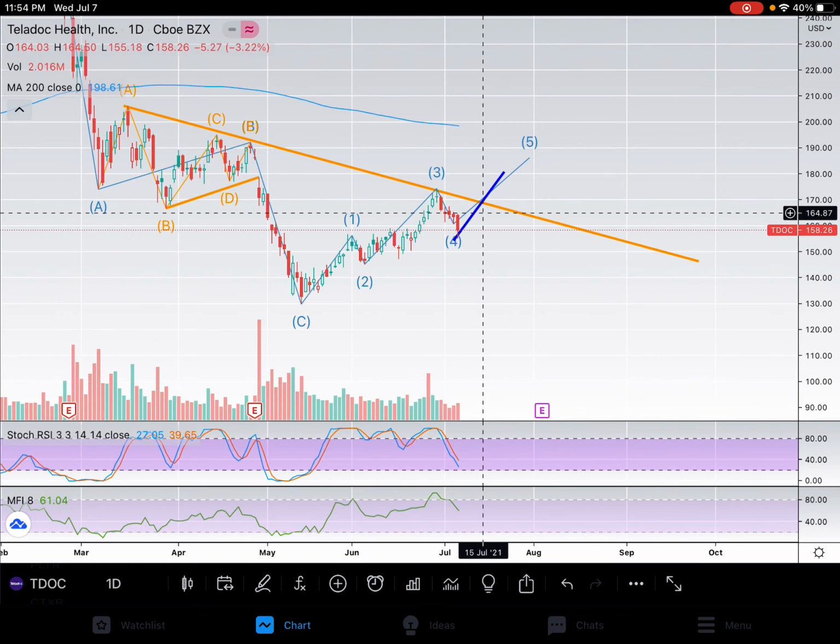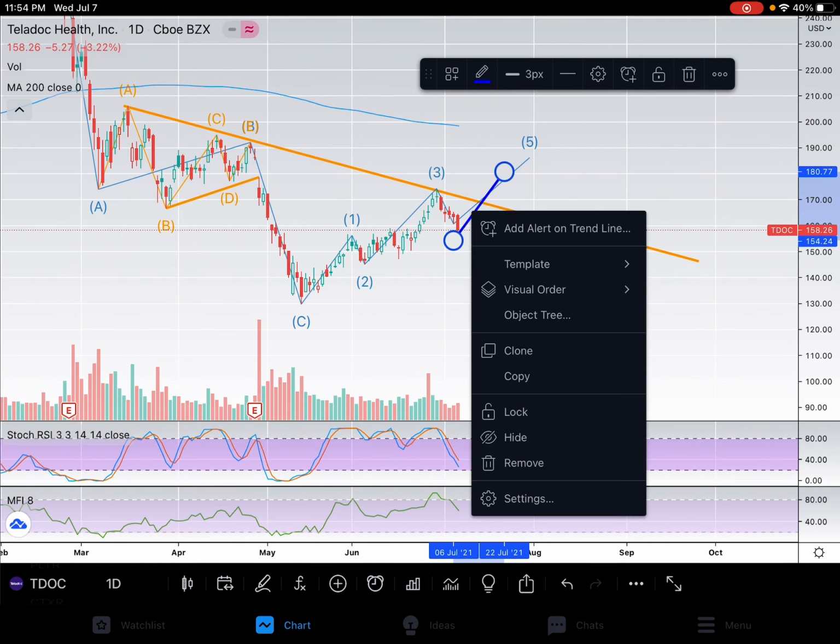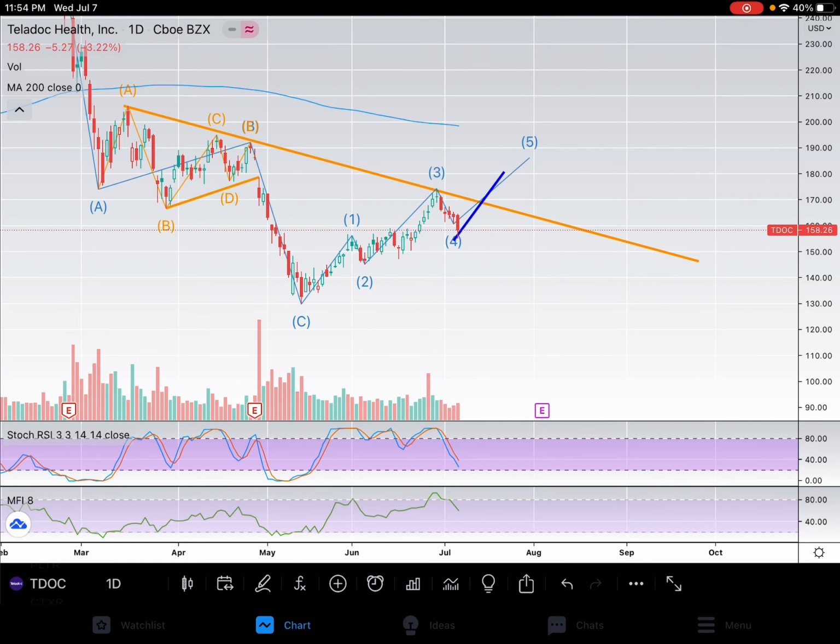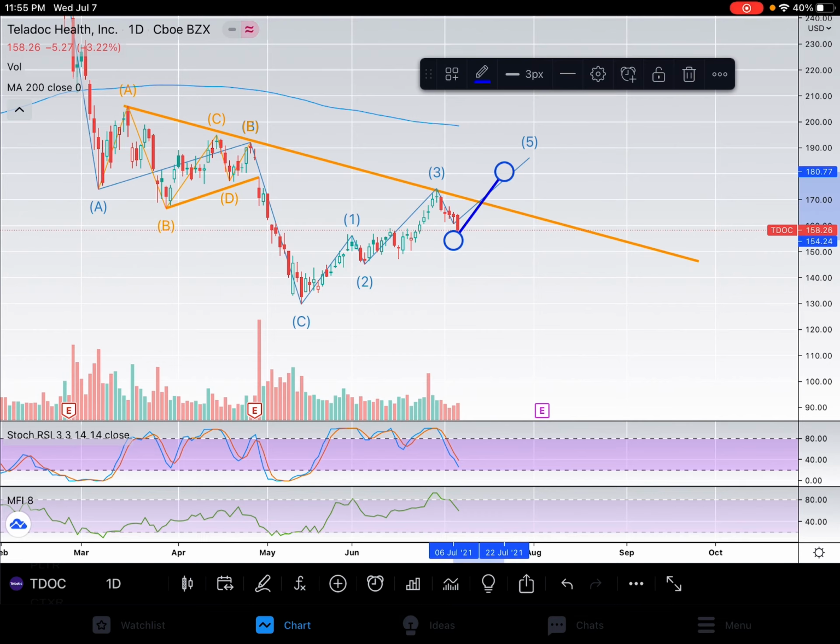Oh my God, this is kind of hard to do on an iPad, but you get the gist. Yeah, I can see it at 180-ish. That was good that it bounced off that 0.618 with conviction today. So we should start to see maybe a move higher.